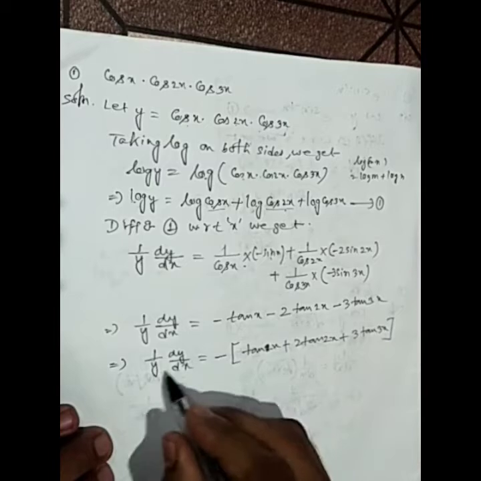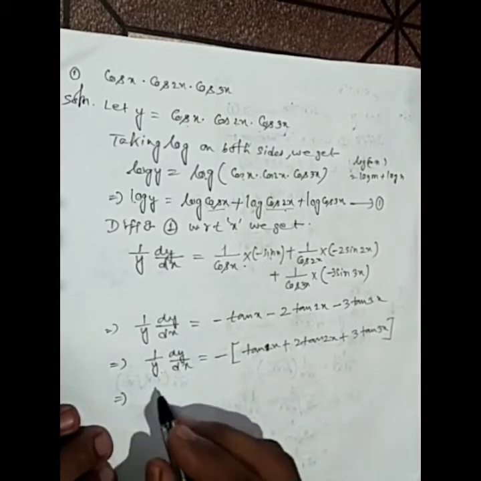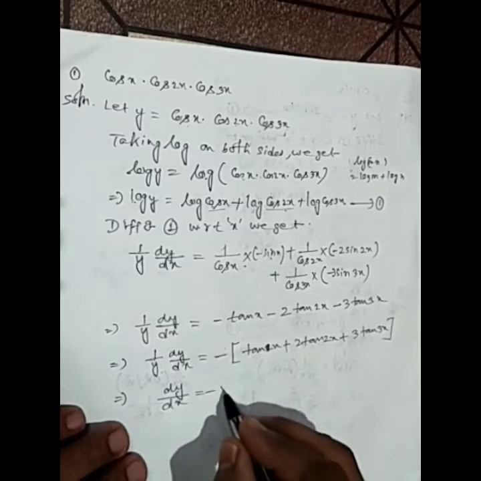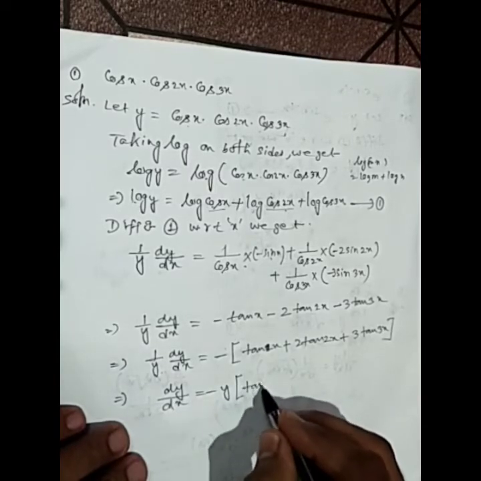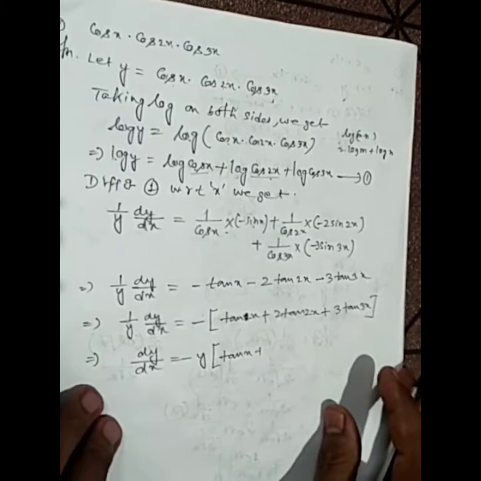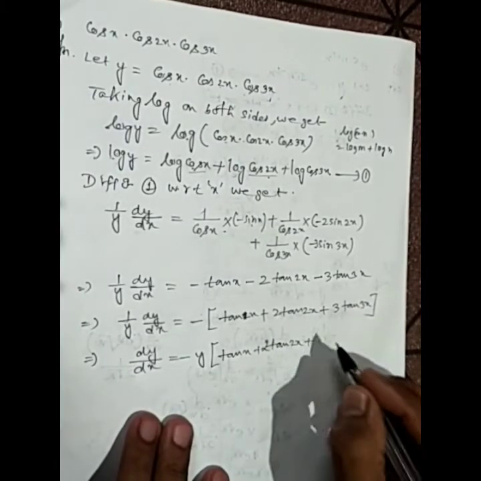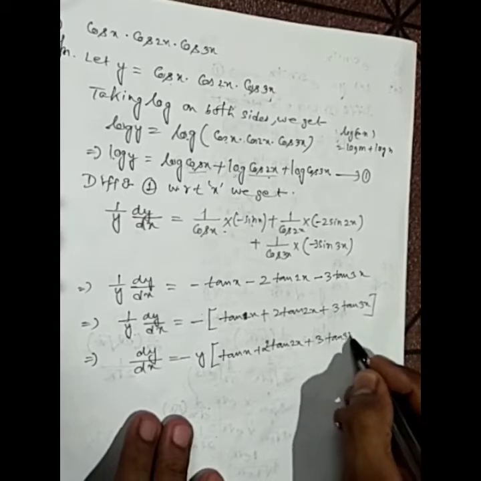Now bring this y to the upper side, means numerator. You will get dy/dx equal minus y into tan x plus 2 tan 2x plus 3 tan 3x.